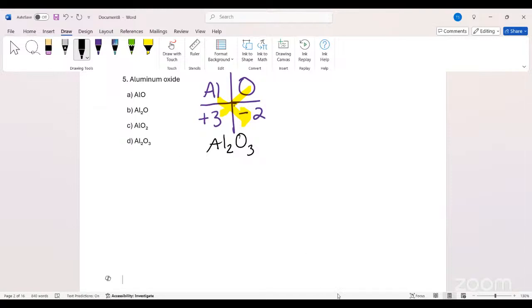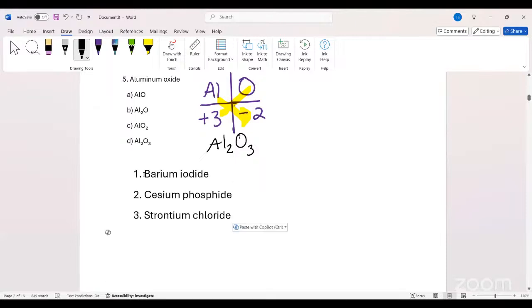So let me go ahead and copy some of those out for you so that I can know for sure that you can do that. And again, I will provide you all with the charges so that you don't have to worry about writing the charges. I don't want to keep going back and forth with the periodic table, and it's just easier for me to do it this way, okay?